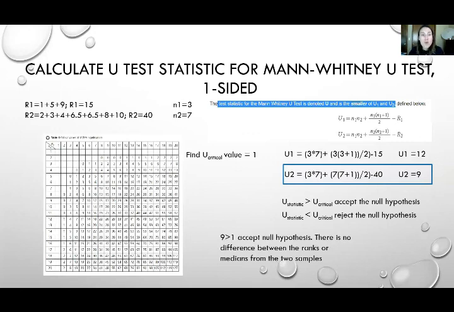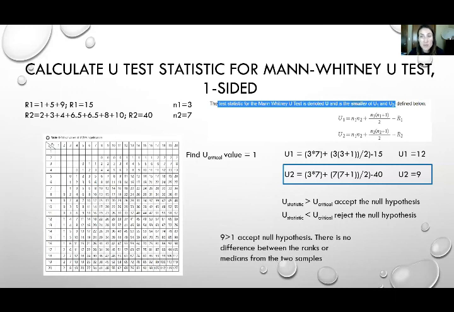I would like you to practice making these calculations. They will be on the final. They're fairly simplistic. Just make sure that you know how to use the U1 and U2 calculation, and then how to decide which one to use as your U test statistic.